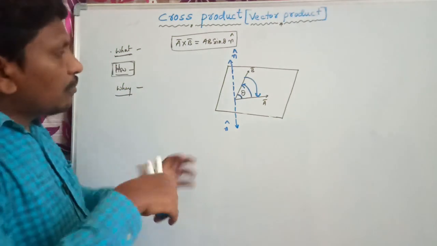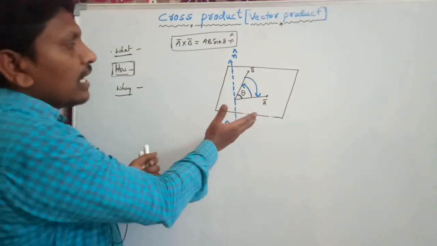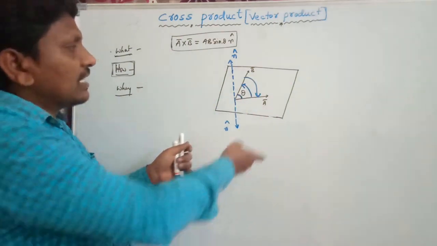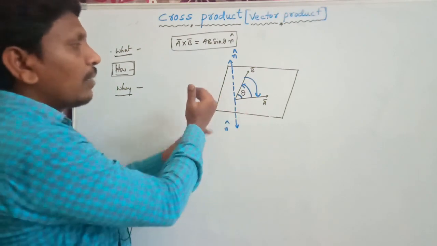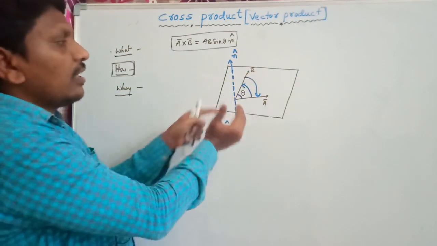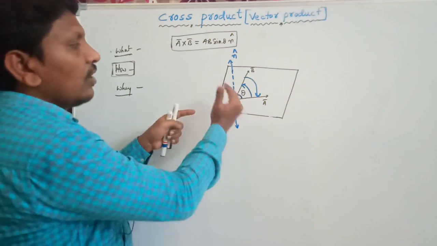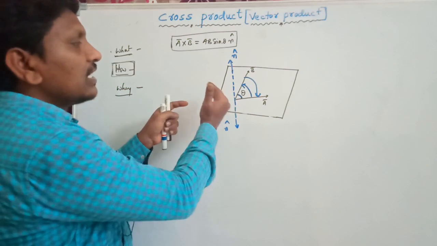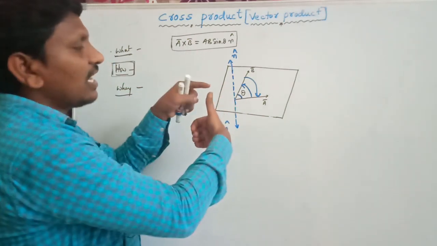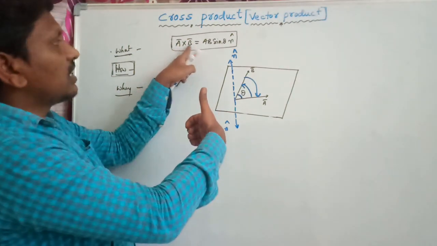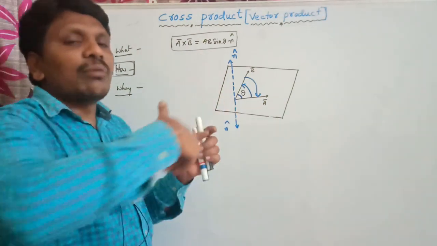If we find the angle from A bar to B bar, in an anti-clockwise direction like this, as we are multiplying A bar with B bar, the resultant vector is in an upward direction. This is A bar cross B bar, the resultant vector, in an upward direction. This is the right hand thumb rule.